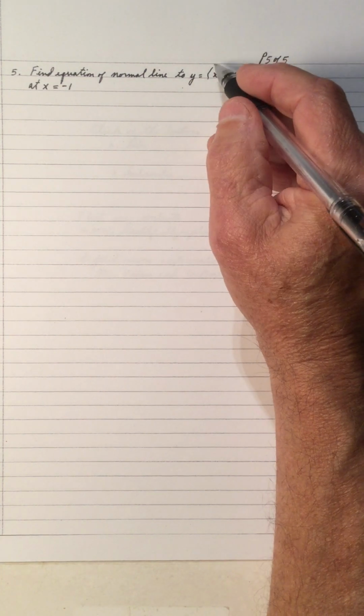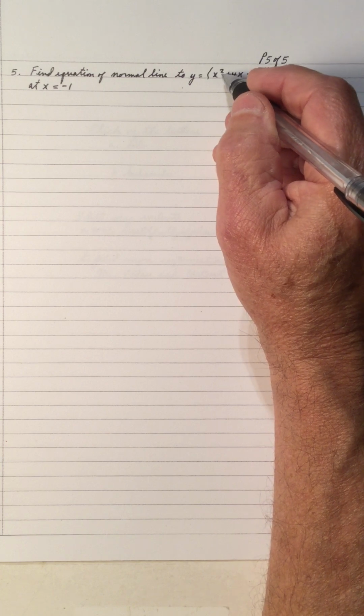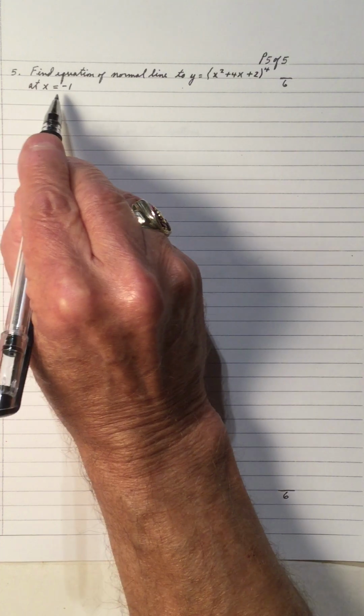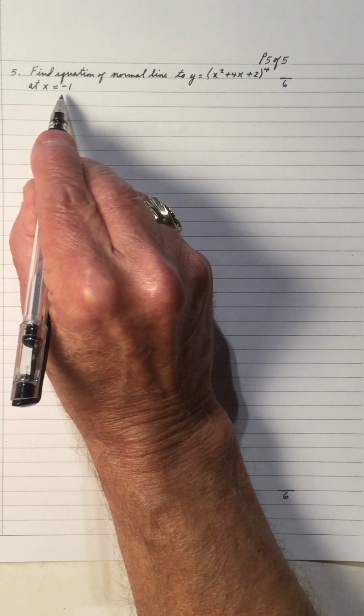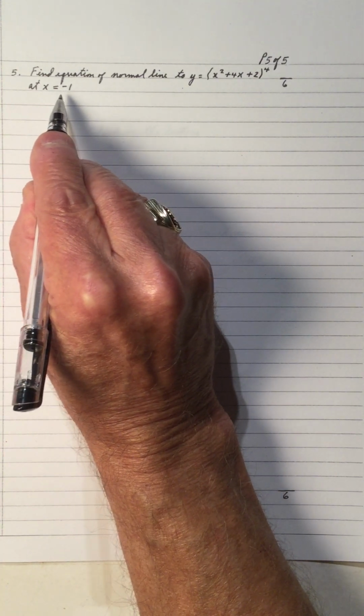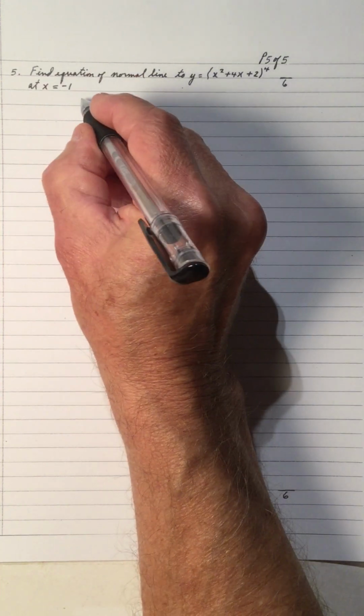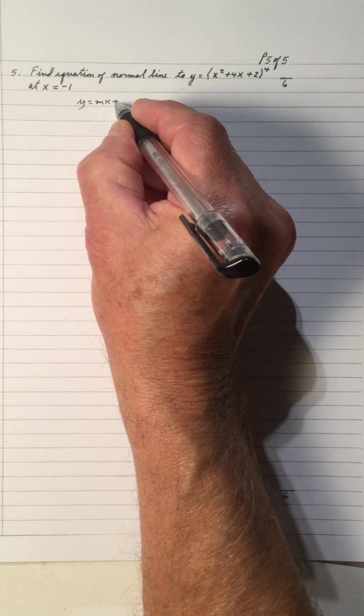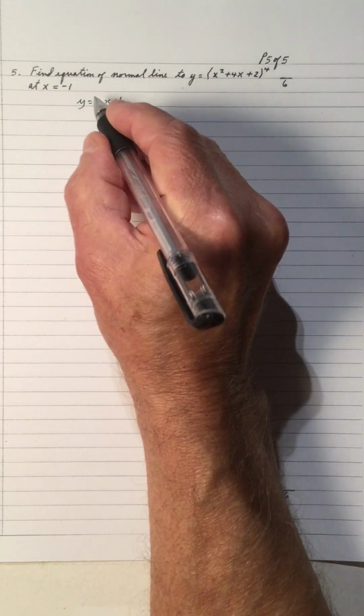Number 5. Find the equation of the normal line to y equals (x squared plus 4x plus 2) all to the 4th power, at x equals negative 1. So the equation of a line is y equals mx plus b, which is the one I'm going to look for.